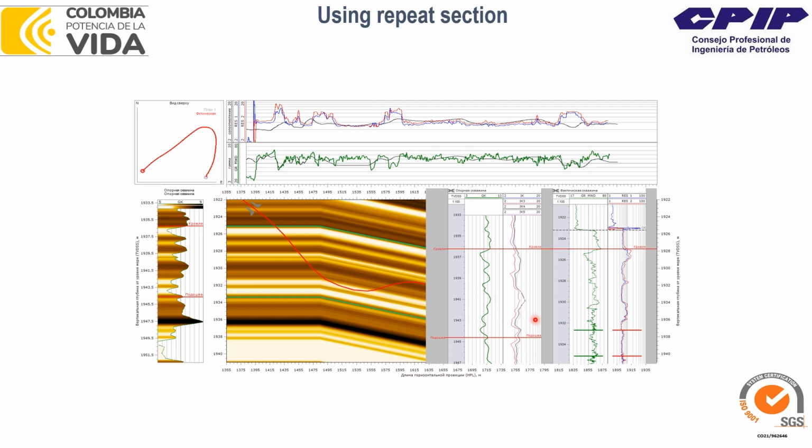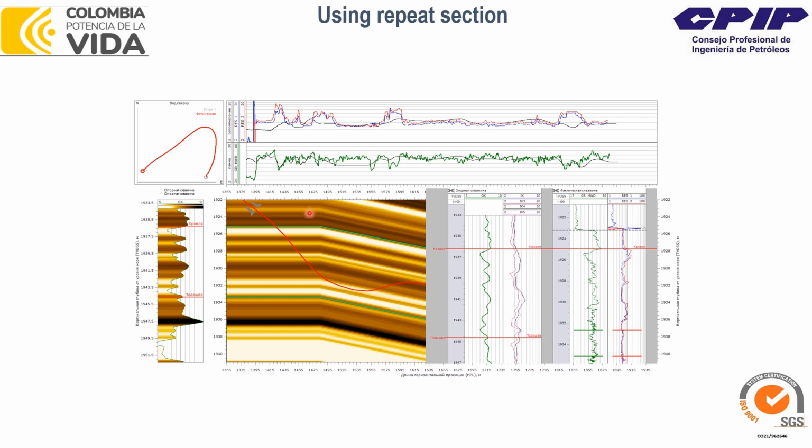Once we stepped away enough from the offset well, the geology has changed, and we don't have the correlations anymore. What to do in this case? Particularly in this well, it's very useful to look at this part, because we just crossed stratigraphically almost the entire interval, and we have all this information here.